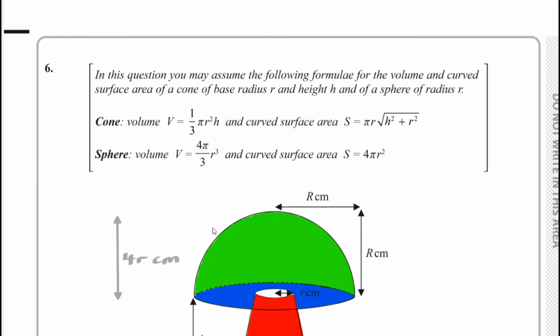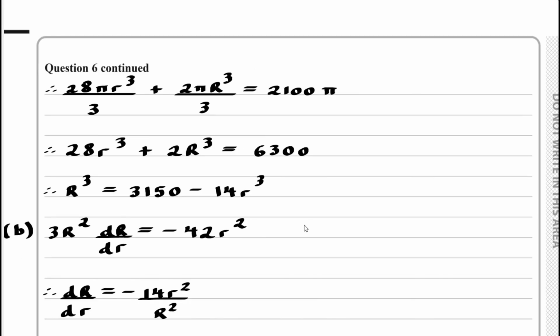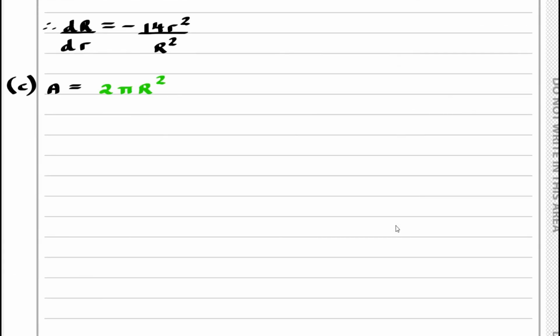So therefore, for part C, the area A is equal to, well, if I begin by thinking about the top bit of the hemisphere, that has area half of 4 pi r squared, so that's equal to 2 pi r squared.